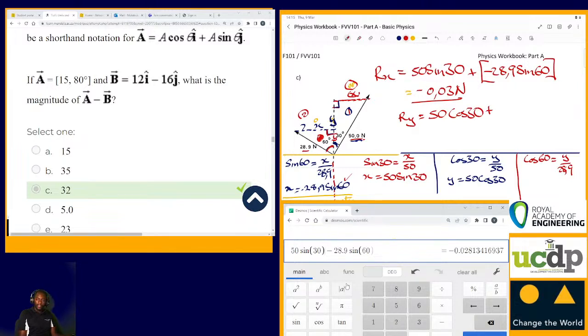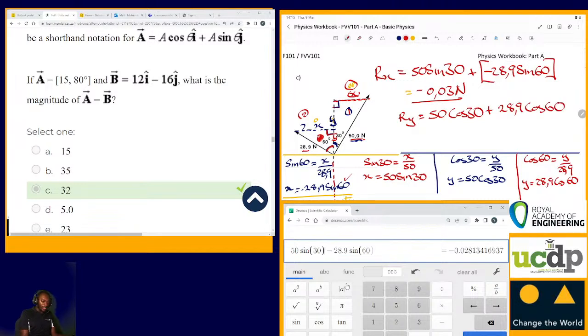So our y is equals to 28.9 cos 60. It's positive because they are all on the positive side.